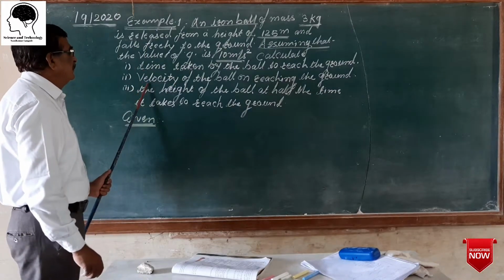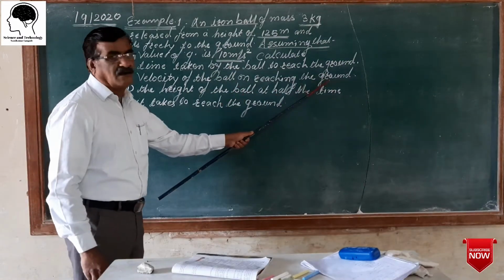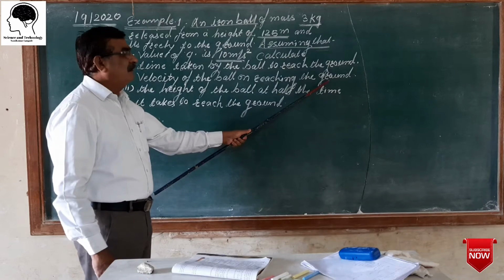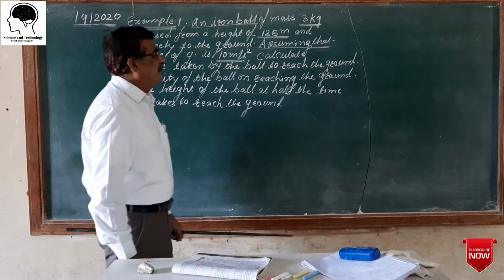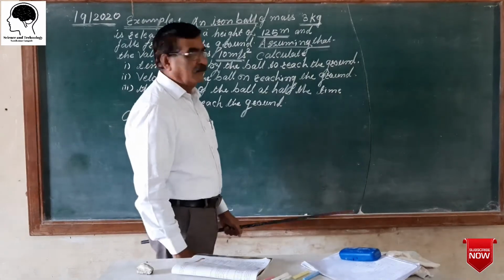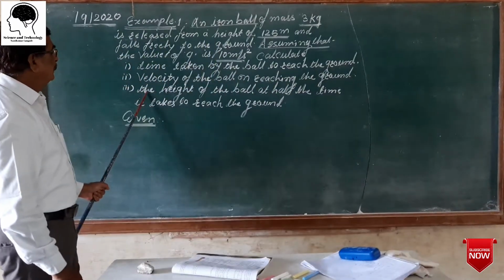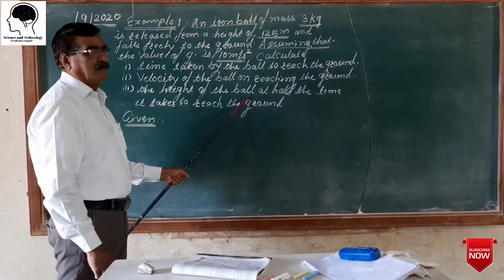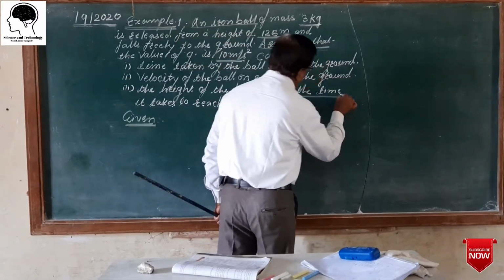Next, second question: velocity of the ball on reaching the ground. When it reaches the ground, what will be the velocity of that ball? It is the second question. And third is the height of the ball at half the time.